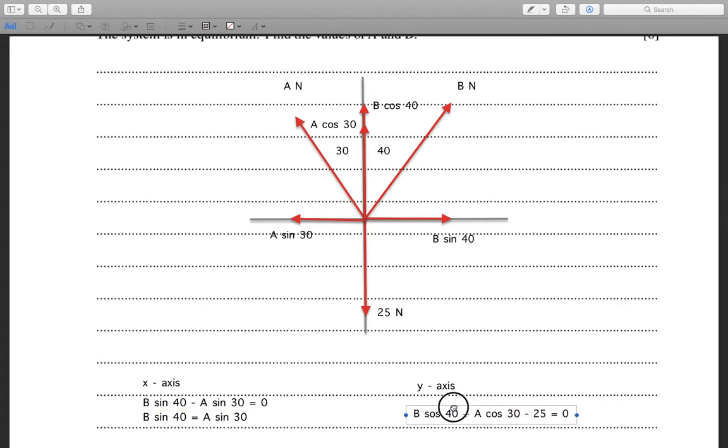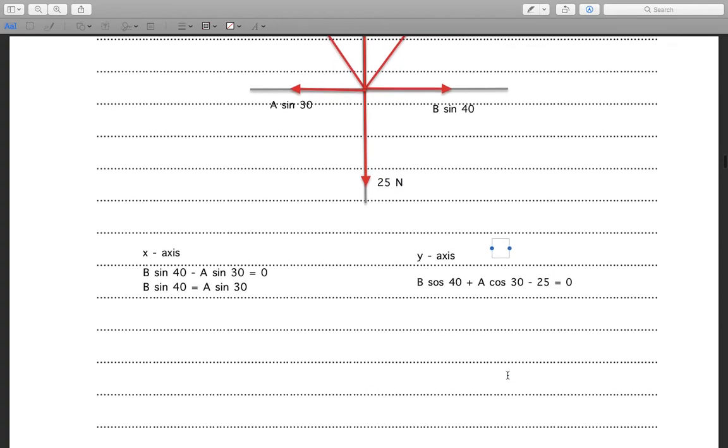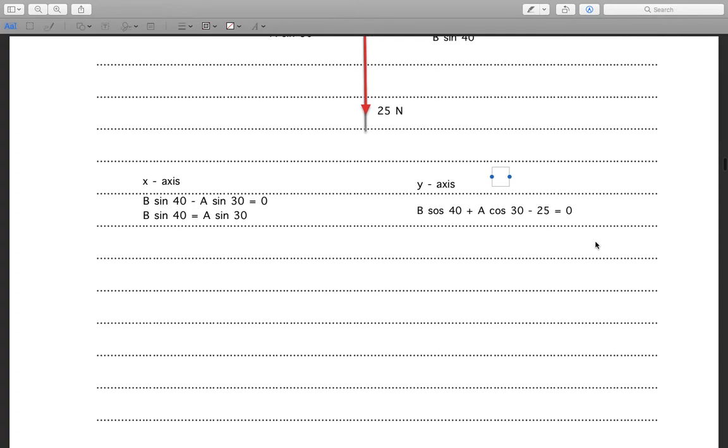Okay, then if we want to find, let's say, A first, then B is in terms of A.